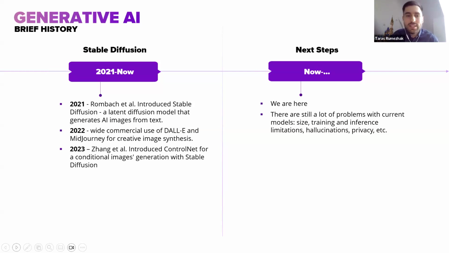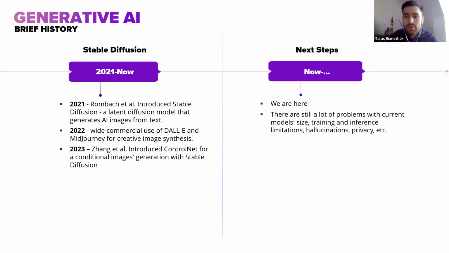We know the DALL-E case and the Midjourney case. The important step for me was in 2023, the introduction of ControlNet, where you can actually have control over the generated image. In that case, you can explore more use cases, and generative content becomes more applicable to business.